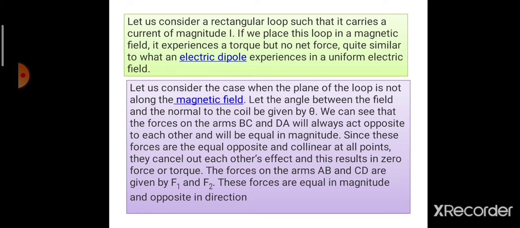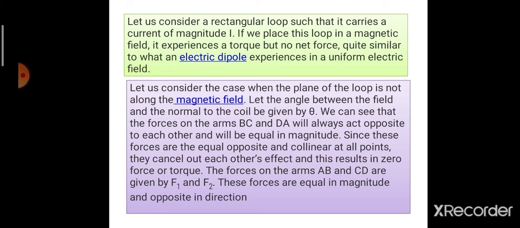Now let us consider the case when the plane of the loop is not along the direction of the magnetic field. The angle between the field and the normal to the coil is given by theta. We can see that the forces on the two arms will always act opposite to each other and will be equal in magnitude.